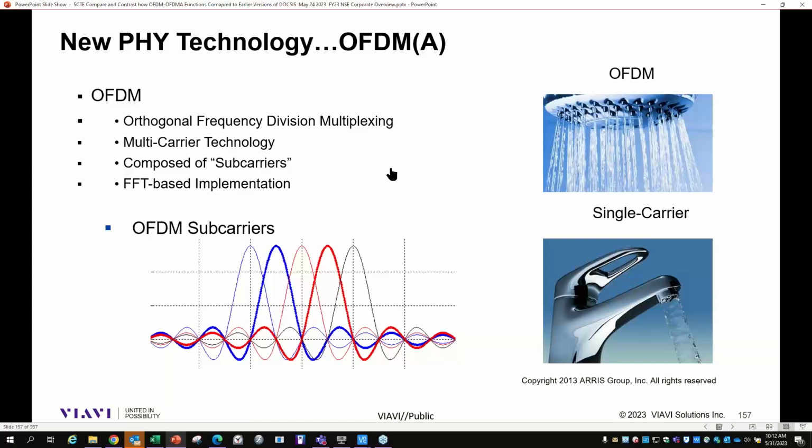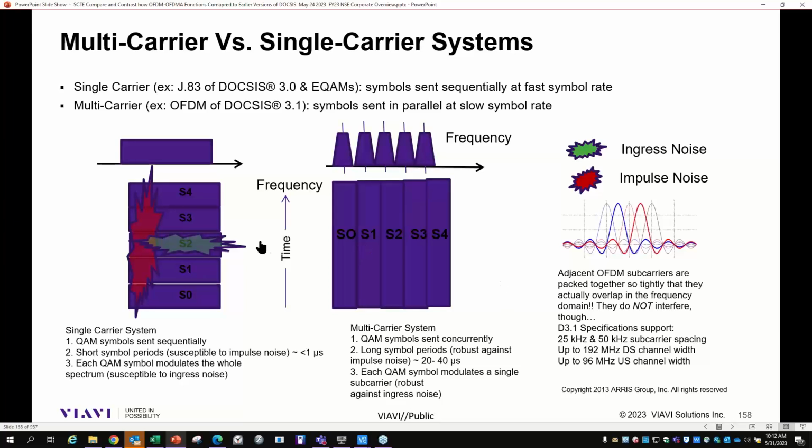Again, OFDM, orthogonal frequency division multiplexing, is the ability to deliver, instead of a single carrier, multiple subcarriers with different types of modulation. It's a basic analogy for this. Another reason is because a single QAM carrier can only withstand X amount of ingress and impulse noise.